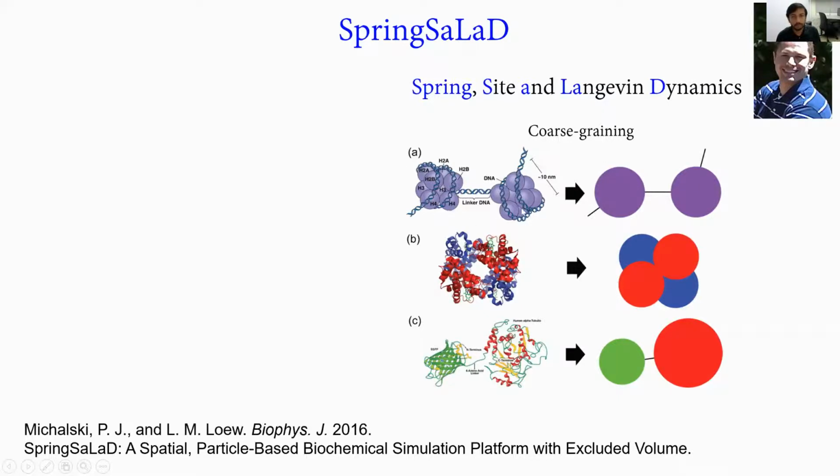In a SpringSaLaD type of framework, you would model this biomolecule as a collection of spherical sites connected by springs. This is the site part and this is the spring part. The spherical sites represent the interaction domains that you find inside a protein molecule or in a nucleic acid assembly, and you connect those sites by a stiff spring. So that's the spring and site part.